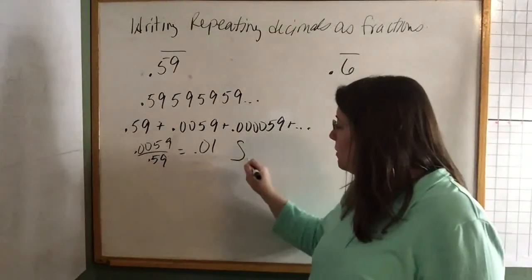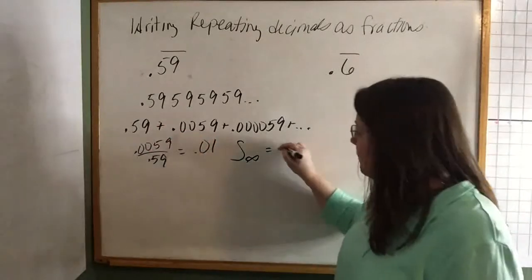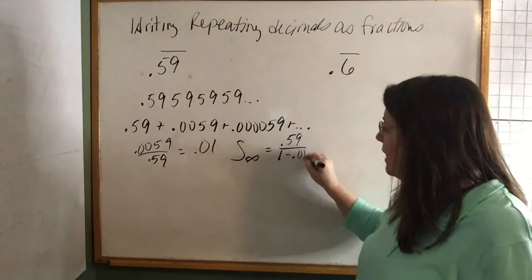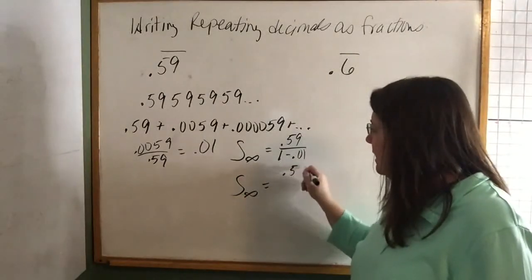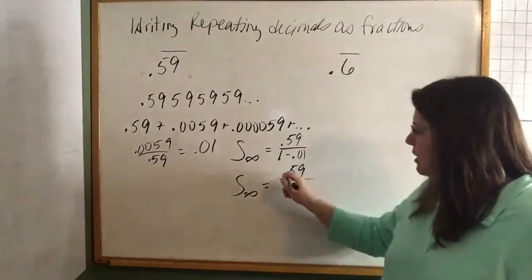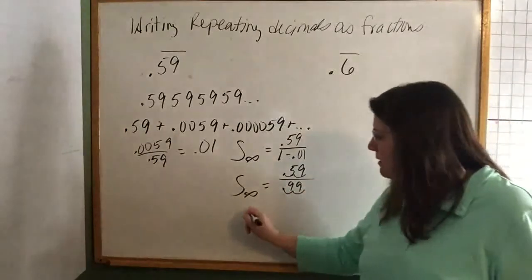So this is an infinite series, so we can use the formula S sub infinity equals A sub 1, here 0.59, over 1 minus the R value 0.01. If we do that, we get 0.59 over 0.99, and if you simplify that fraction, isn't that just a matter of moving the decimal 2 places?